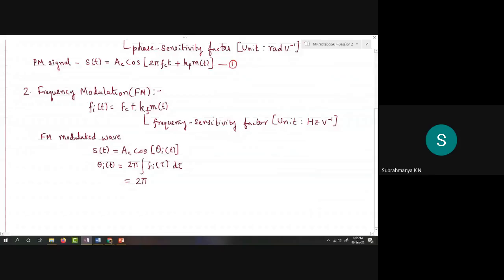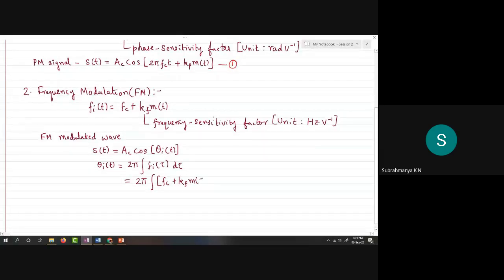Fi(tau) is nothing but fc plus kf times m(tau), so I'll substitute that factor. So this is the integral of fc plus kf m(tau) d tau, where of course the variable is with respect to t here.